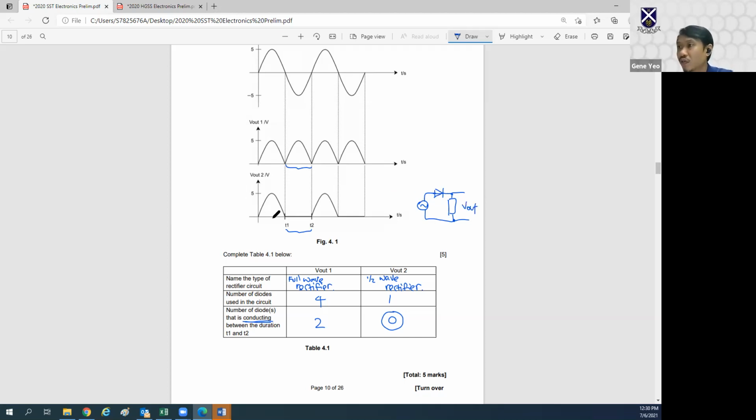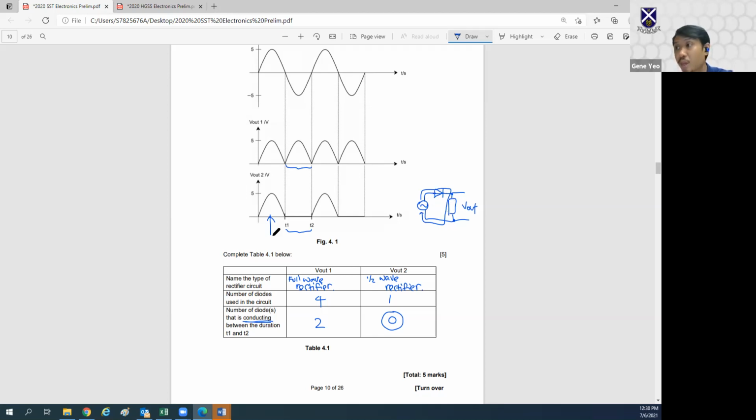So over here is when the current is conducting. Let's say for argument's sake it's going clockwise, and therefore over here the diode is conducting because current is going through it.